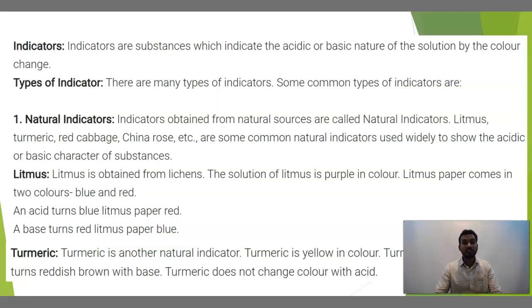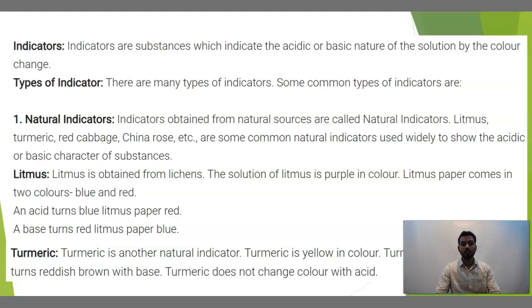We cannot stick only to that word. You must collect some information related to it. For example, litmus is obtained from lichens. The solution of litmus is purple in color.